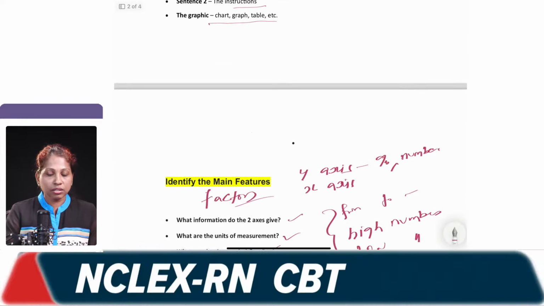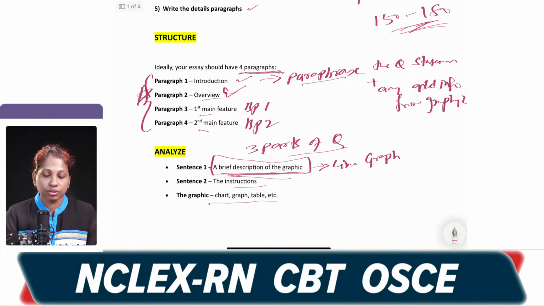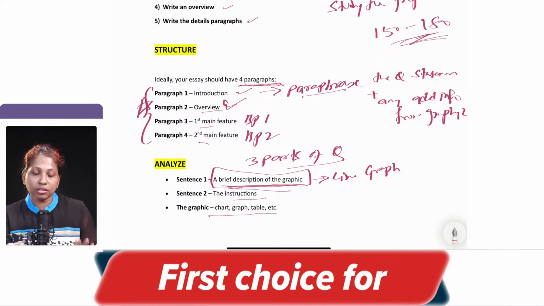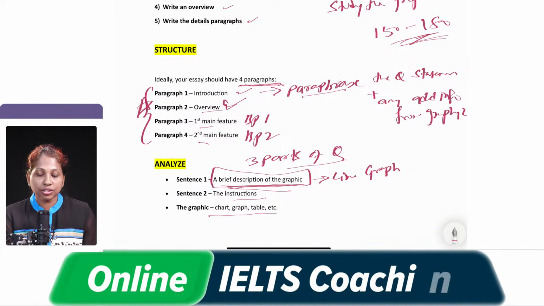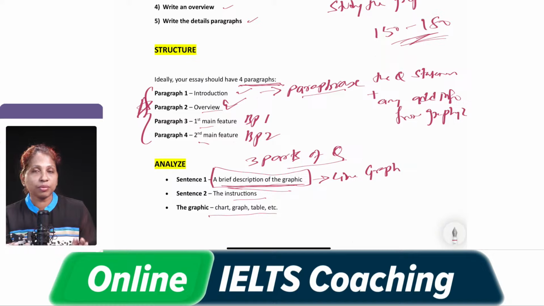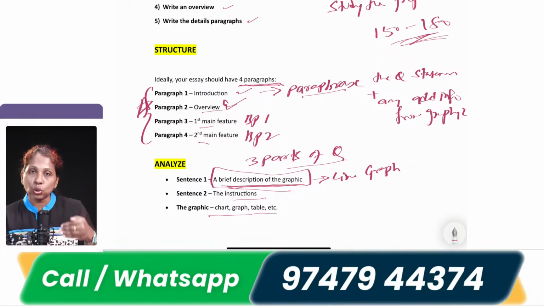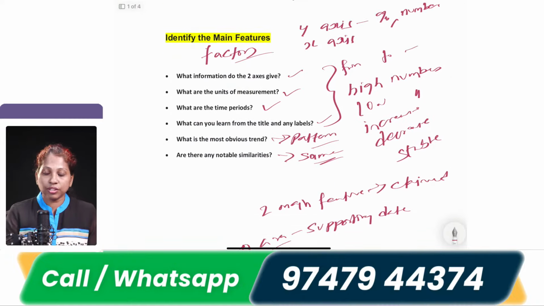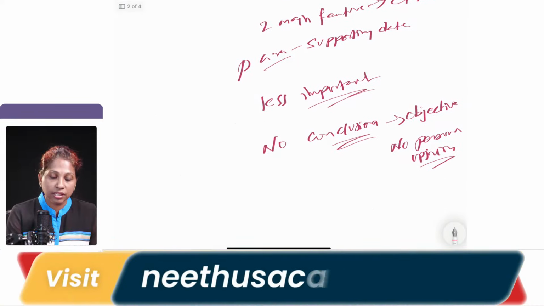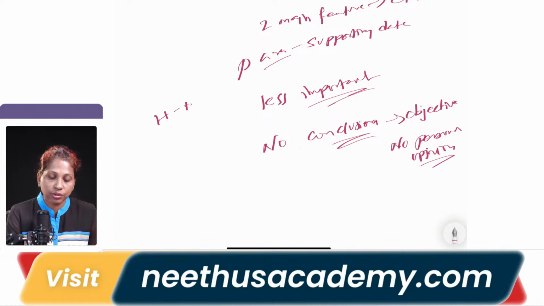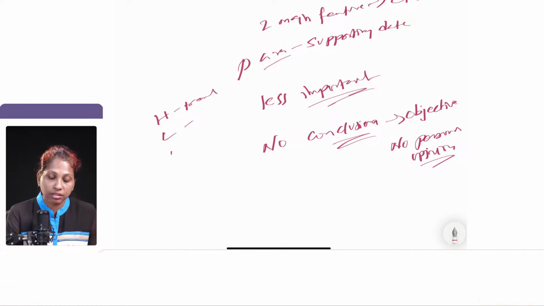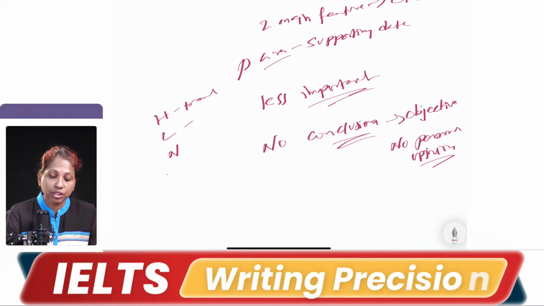So this is the structure of a line graph report. A similar structure applies to bar graphs also. The structure is the same, but the language used for writing may differ, being a line graph. You have to show a high trend, you have to show a low trend. It can be the highest number, it can be the lowest number.